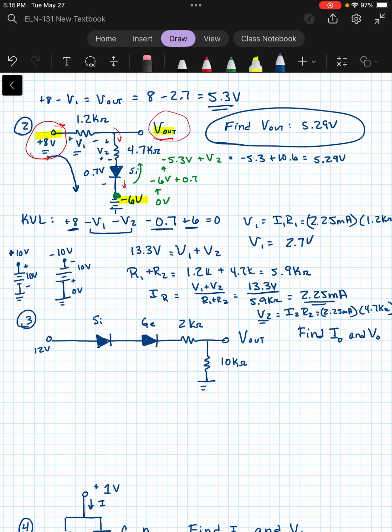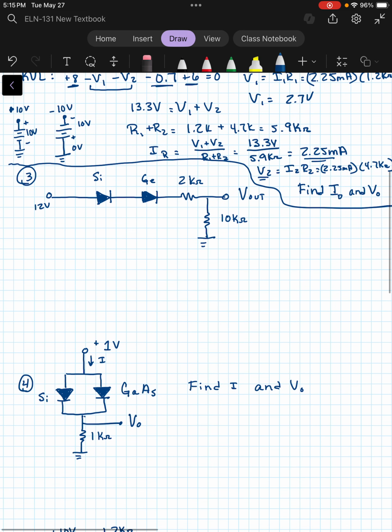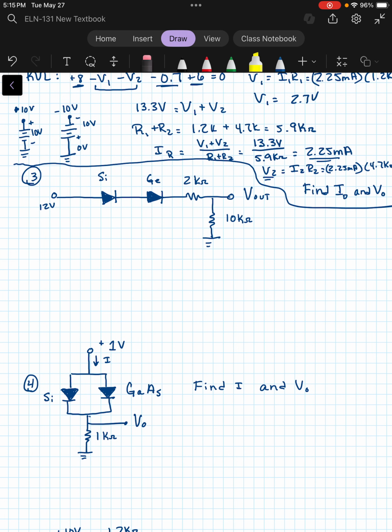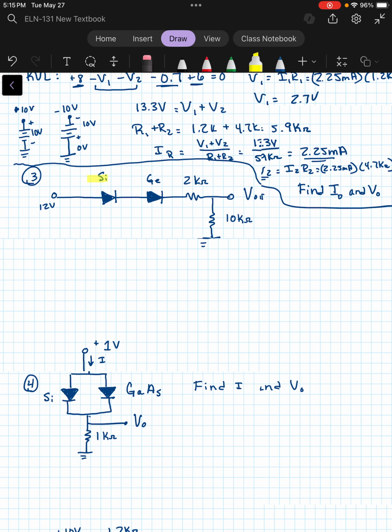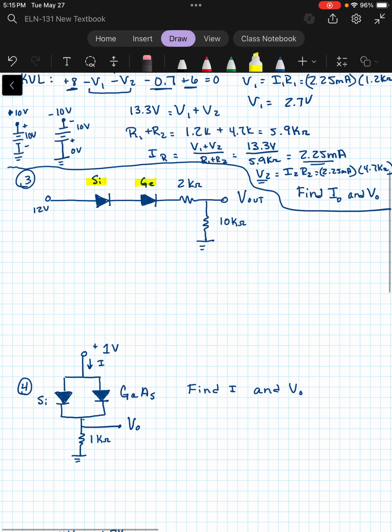Okay, so that was a bit of a review for you of your circuit analysis. Okay, a little bit more probably detailed than what you were looking for. Let's talk about a couple other cases now. What if we have two different kinds of diodes? In problem number 3, I have a silicon diode and a germanium diode.